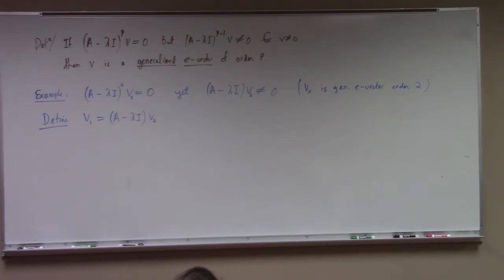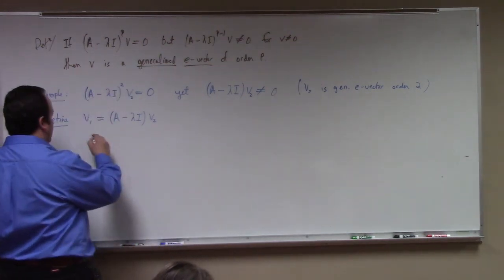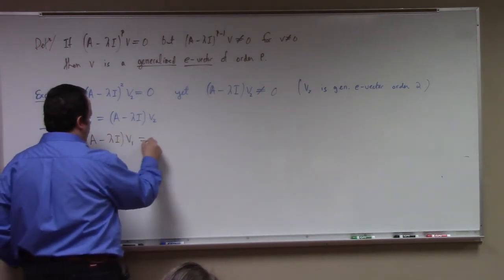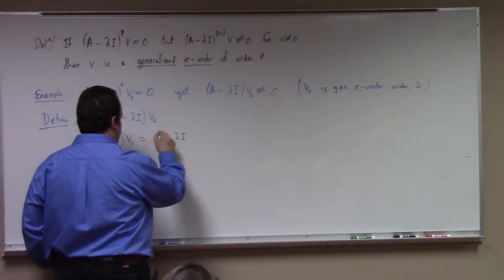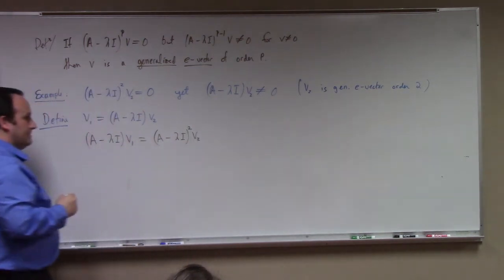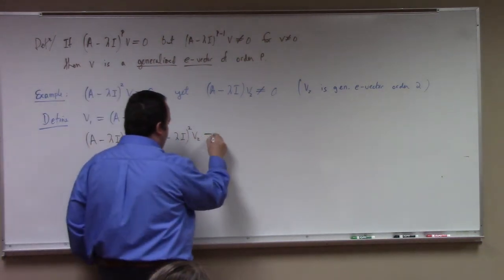What happens when we take A minus lambda I acting on v1? A minus lambda I acting on v1 is A minus lambda I acting on v2 squared, right? Which is 0.